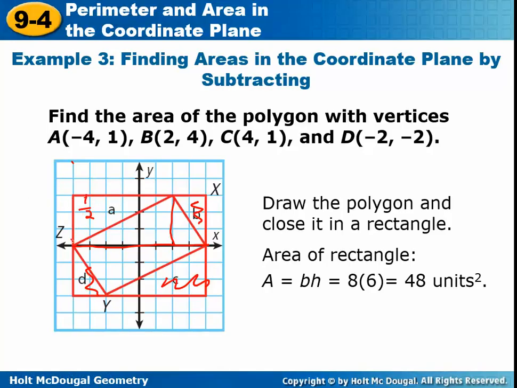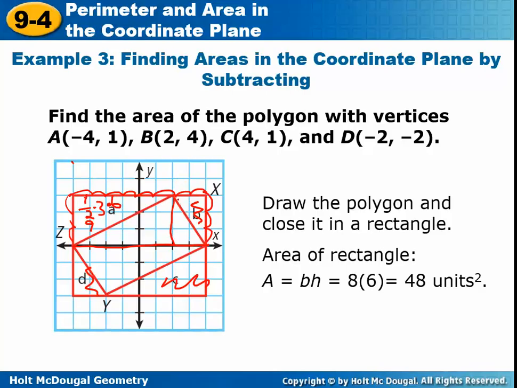And I'll use this as the base, 1, 2, 3. And this is the height, 1, 2, 3, 4, 5, 6. So 1/2 of 3 times 6 is 9. And over here, this triangle would be 1/2 base times height. So 1, 2, 3 by 2.